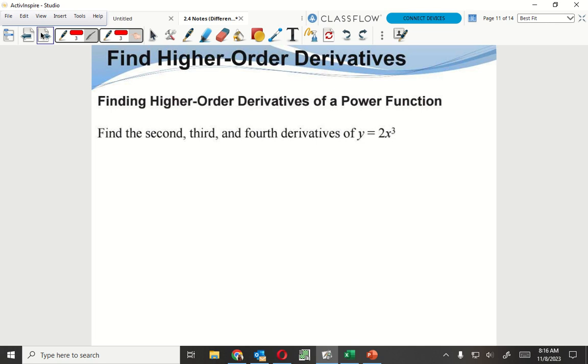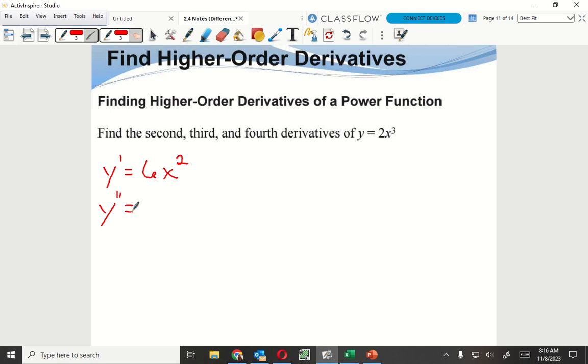Anyway, all right, find the second, third, and fourth derivatives. So, notation for derivatives. So we have single tick marks. So y prime means the first derivative. What's the first derivative of this one going to be? 6x squared, very good. Now, y double prime means that is the second derivative.